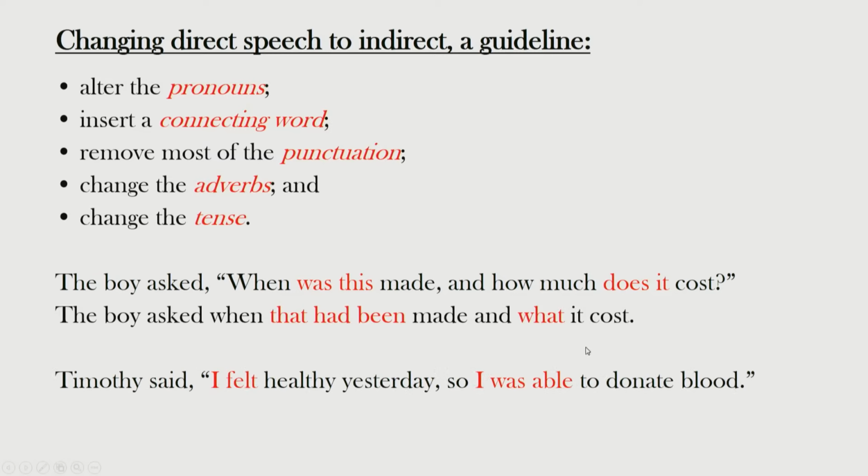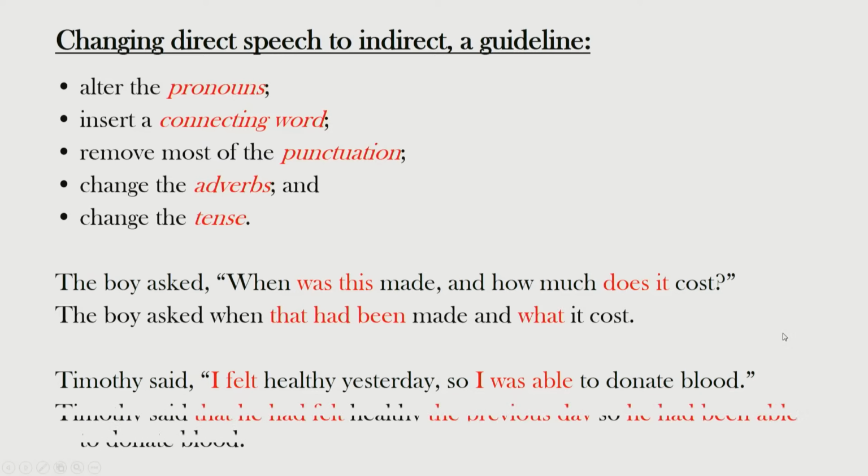Let's go on to another one. Right. Timothy said, past tense, I felt healthy yesterday, so I was able to donate blood. All right. And if we change it into indirect or reported speech, Timothy said that, we'll have to insert a connecting word here.